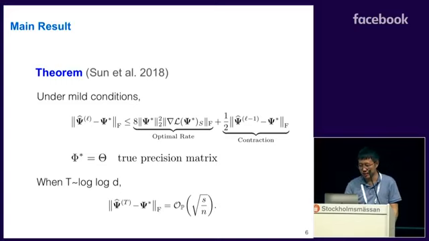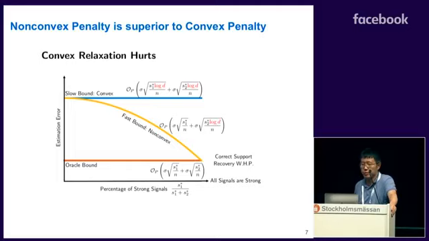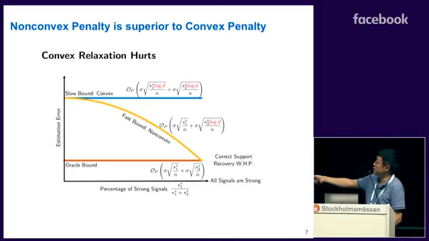So this is the result. And then if you compare this result with a convex relaxation, which people do, for example the L1 norm, there's a slower rate for convex relaxation here, and it depends on the ratio of the larger S, which is the entries of your precision matrix larger than some threshold, and entries of your precision matrix smaller than some threshold.